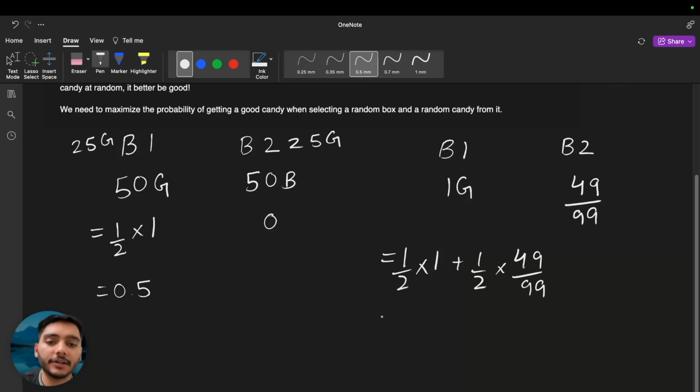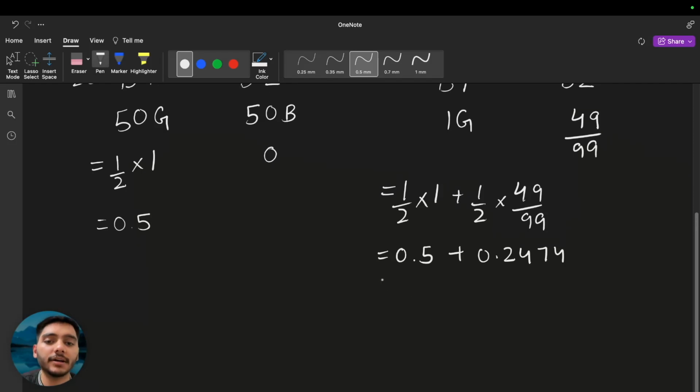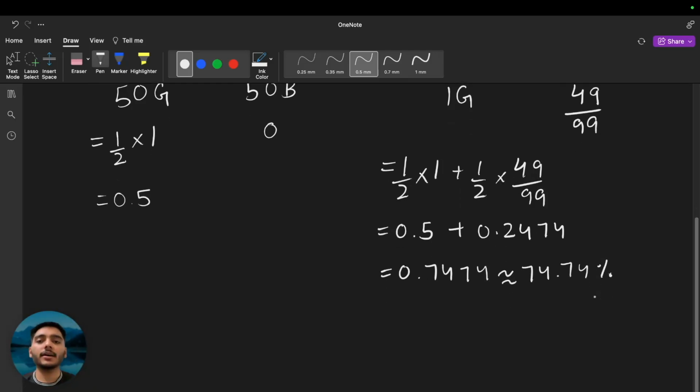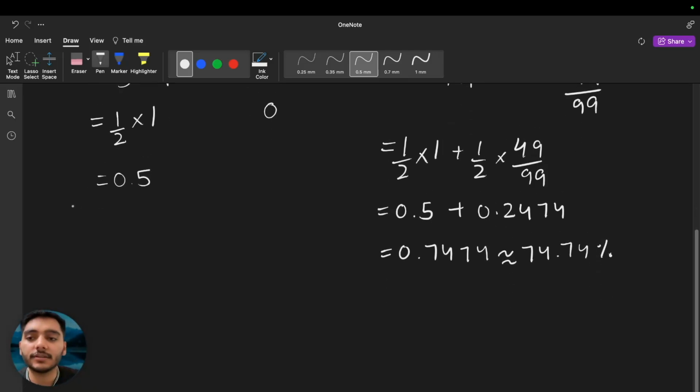I've already calculated it: it would be 0.5 here plus this will be 0.2474. It becomes around 0.7474, which is 74.74%.